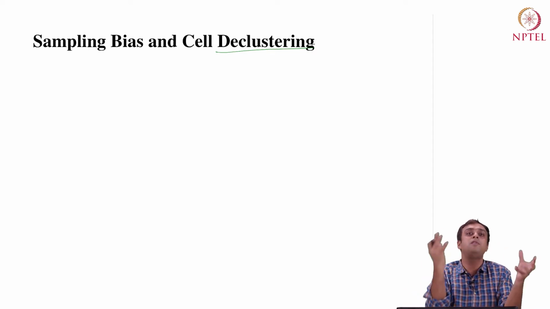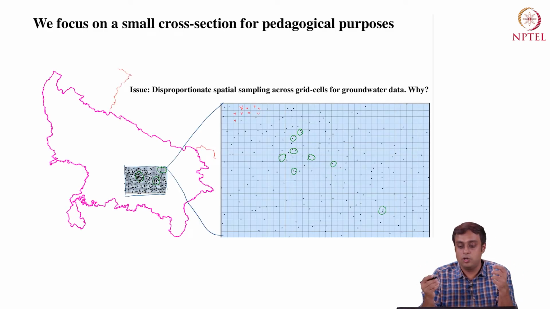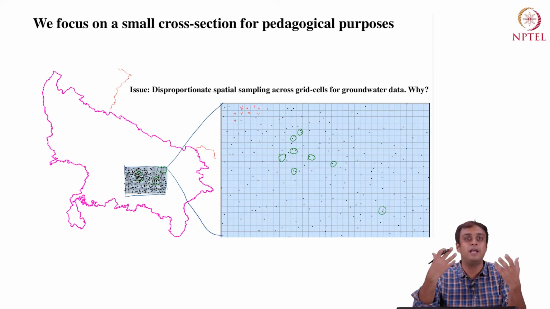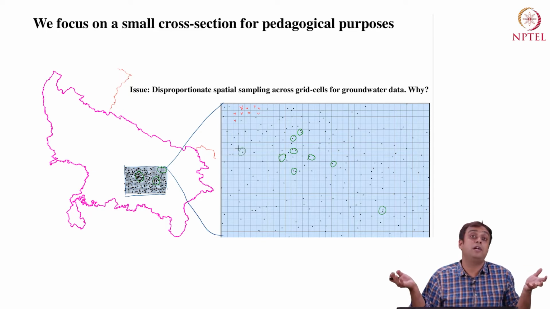Just because you have 3 monitoring locations in a given cell, shouldn't favor you in some way in terms of the value that you are able to provide, versus other places where you have only 1 observation or no observation at all, right?